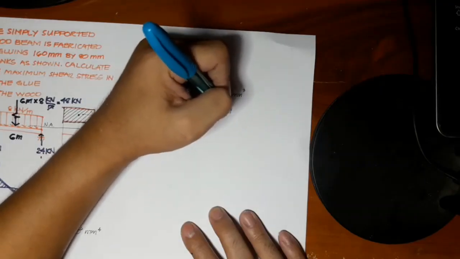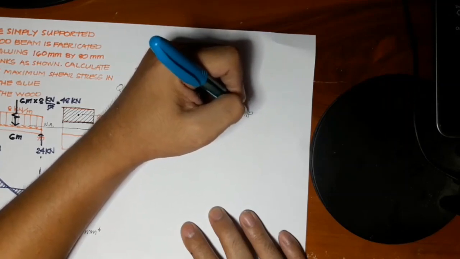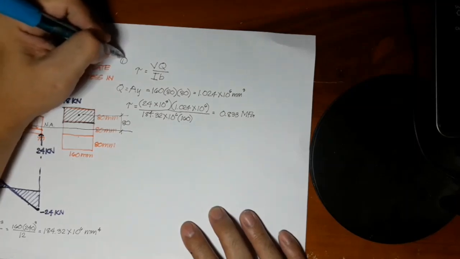Then you get 0.83 megapascals. This is, by the way, for question number 1.